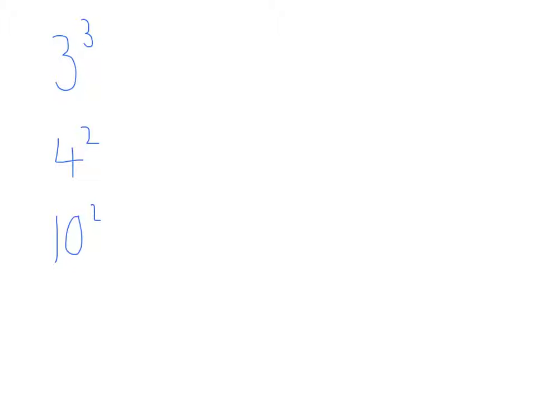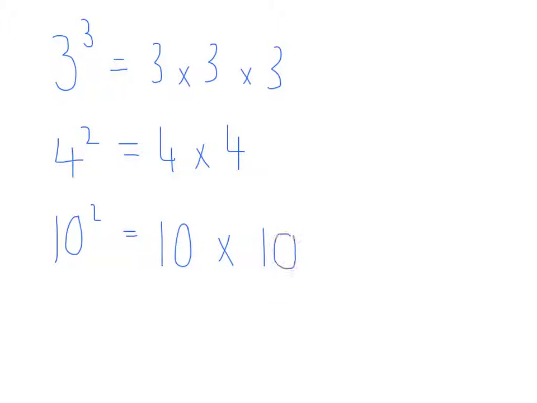It's quicker to do 3 cubed than having to write out 3 times 3 times 3. 4 squared is quicker than saying 4 times 4 and having to write it down. And the same with 10 squared. It's quicker and shorter than having to write 10 times 10. So that's basically why we use it. It's an expression that makes things quicker and simpler.